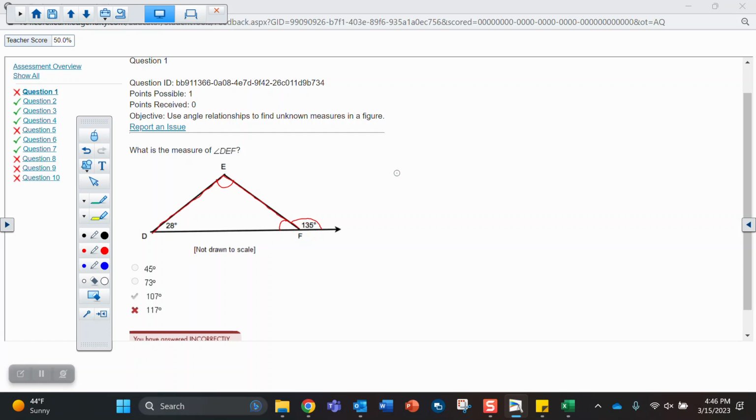So if I take the measure of angle EFD, so notice I'm talking about this angle in here, plus 135, that's going to equal 180. That's a linear pair. They're a straight angle. It forms a straight line. And again, it adds up to 180.